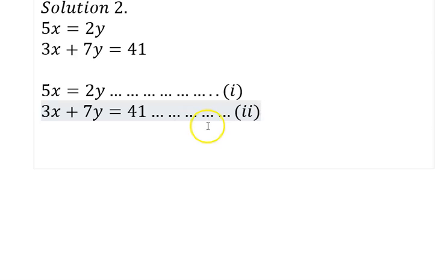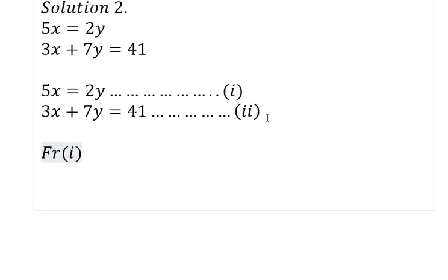Beautiful. So like I said, if you remember from our first question, because we are making substitution, always use the equation that seems simple. If you use the other one, you will still get the same answer. Okay, let's use equation 1 because we want to substitute.